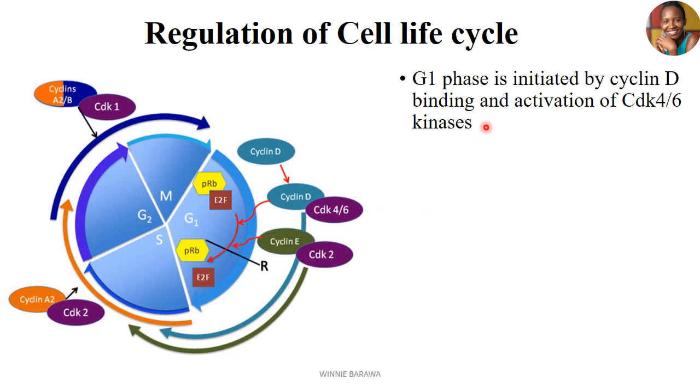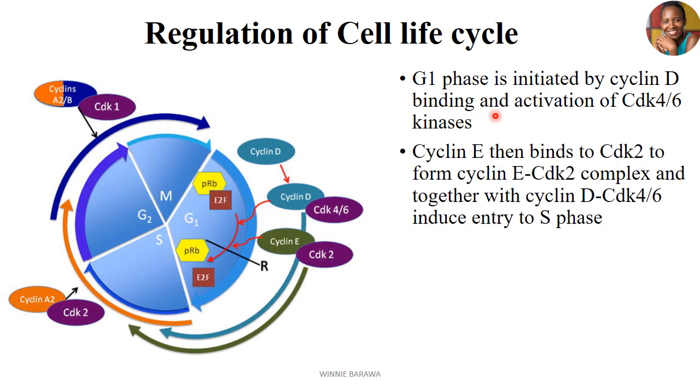And then when we want to transit to S phase, we are again being told that cyclin E will bind to CDK2 to form cyclin E-CDK2 complex, and together with the initial complex, that is the cyclin D-CDK4/6 complex, they will induce our cells to transit to the S phase.